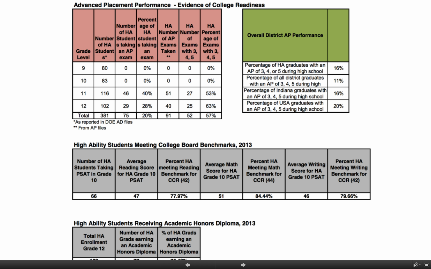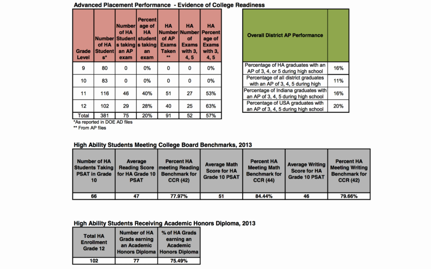Okay, and then the performance indicators. On the very bottom of the screen it says the percent of high ability graduates that earn an academic honors diploma. There's no reason that shouldn't be 95 to 100% of your kids. Okay, that's a low bar. Likewise, in the middle of the graph is the College Board benchmarks and the PSAT data.